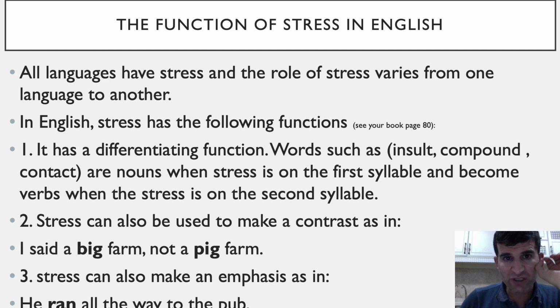So the function of stress in these languages, as you can see in your book, is a delimitation role, or sometimes we call it demarcation role. It means they mark or identify the edge of the word. When the final syllable is stressed, it tells us that this is the end of one word, and then what comes after it is the next word.